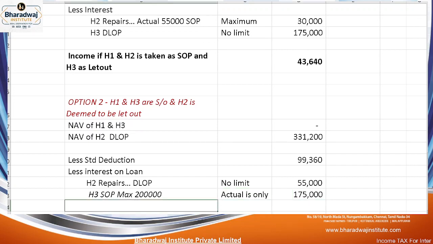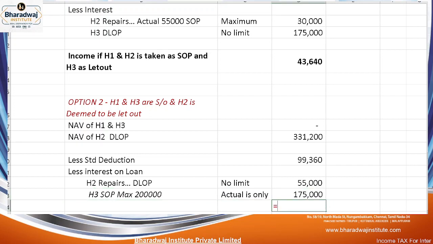So we can claim the actual. Please remember that restrictions are applicable only for self-occupied property. Interest on loan taken for repairs for a let out property or deemed let out property has no limit.